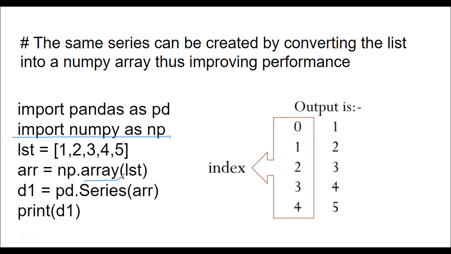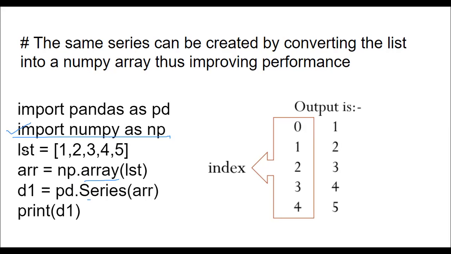Because this array method is present under the NumPy library. Just as we use pd.Series, in the same manner, whenever we are using an array, we have to call NumPy. So we use import numpy as np. Just keep in your mind that when you are using array, you have to use NumPy because array is present under the NumPy library.